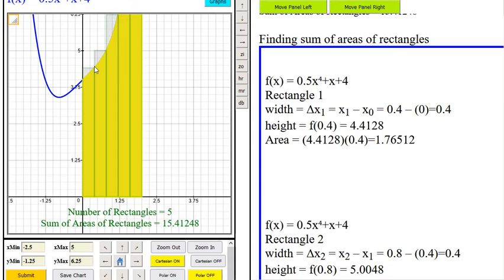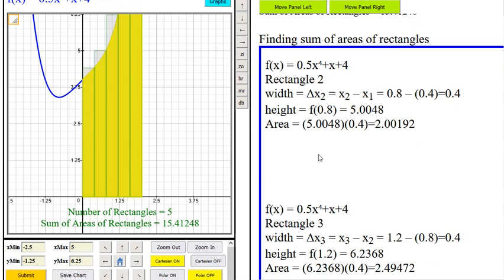And so this point right here is the point 0.4 for the x and 4.4128 for the y. And therefore the height of the first rectangle is 4.4128. And the area would be 1.76512. And so that's the area of the first rectangle.